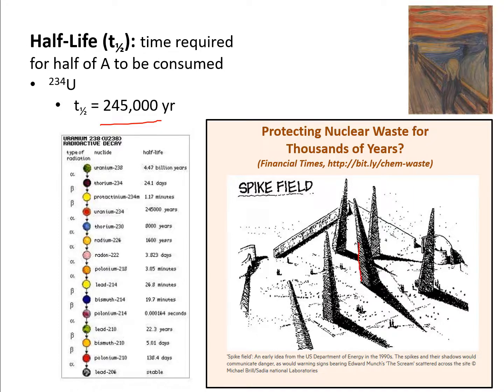One thing you could do is, instead of having just signs that say nuclear waste, don't dig, maybe you put a bunch of spikes around. If you see all these spikes, you may know, hey, something looks wrong, maybe I'm not going to do it.